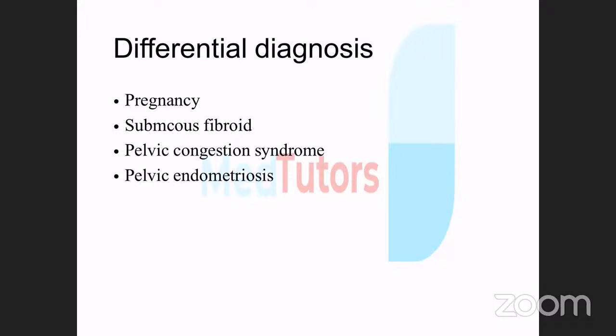Based on the globular enlargement of the uterus, it may mimic pregnancy. But of course, how do you differentiate it? No amenorrhea, pregnancy test negative. Fibroid can manifest the same symptoms, menorrhagia and dysmenorrhea. Next slide.